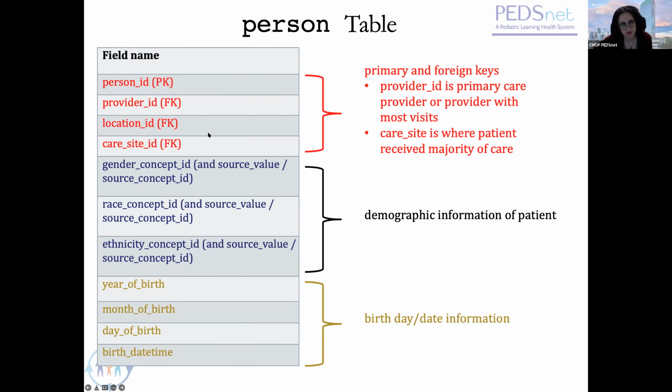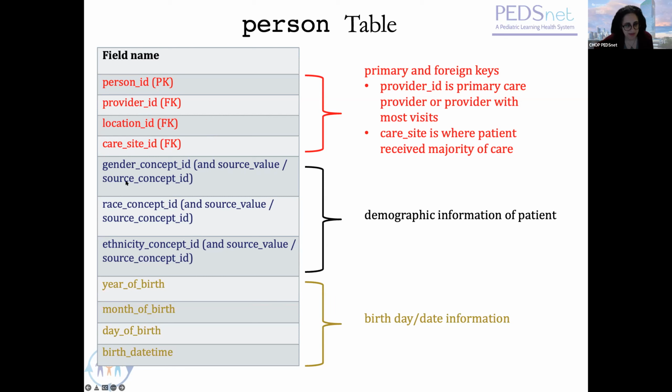Provider ID is the primary key for the provider table, but is meant to provide information about the provider who is either the primary care provider for a particular person in this table, or the provider with whom that patient has the most visits, if the primary care provider is not easily distinguishable.